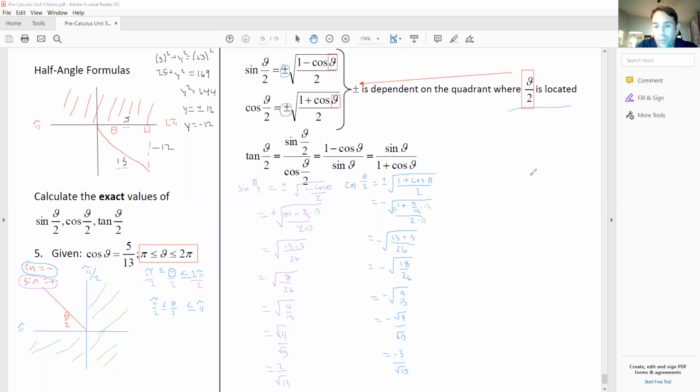I can just go ahead and plug them in there. So say I use this first one here. So that means tan of theta over 2 is going to be 1 minus cosine theta over sine theta.